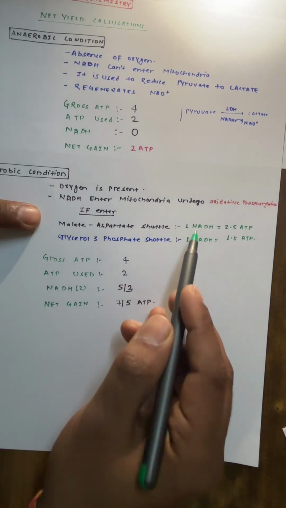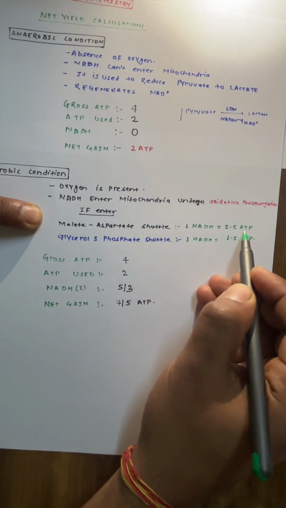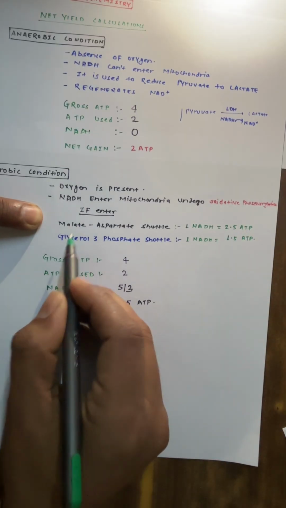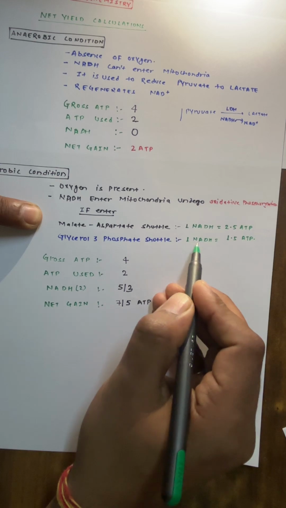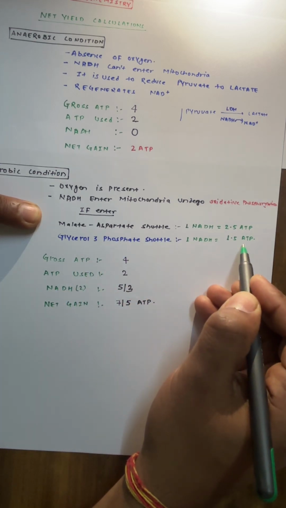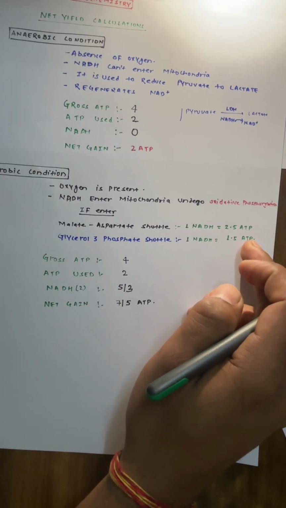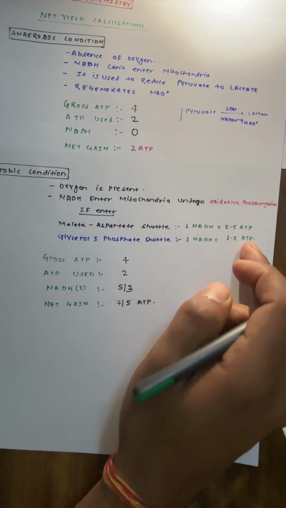If the NADH enters through the malate aspartate shuttle, then one NADH will produce 2.5 ATP. But if NADH enters through the glycerol 3-phosphate shuttle, then one NADH will produce 1.5 ATP. So it depends on which gate the NADH is entering for oxidative phosphorylation.